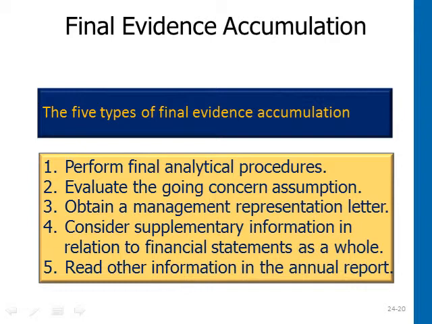We obtain our management representation letter, which, as you recall, we said was mandatory, and it establishes management's obligation, responsibility, and liability for reporting subsequent events. We consider the supplementary information in relation to financial statements as a whole, and we read other information in the annual report for consistency and a common sense look.